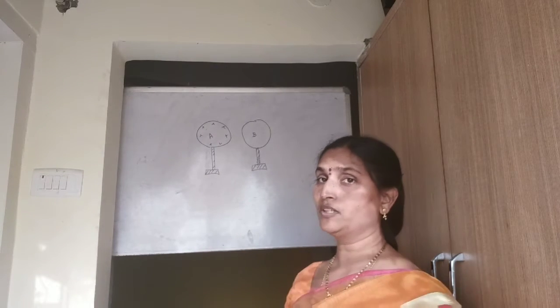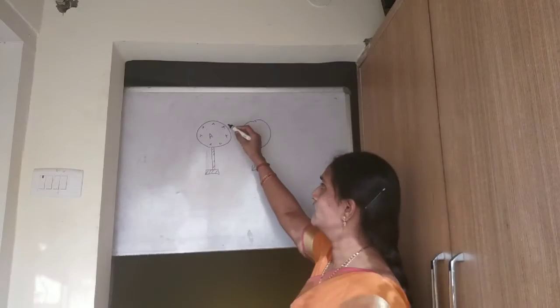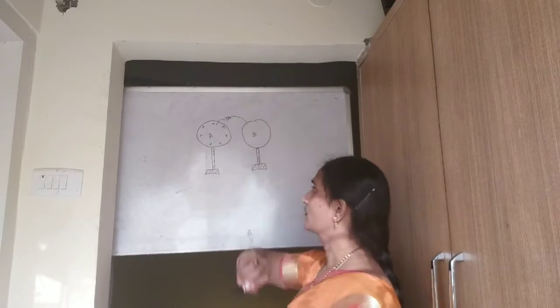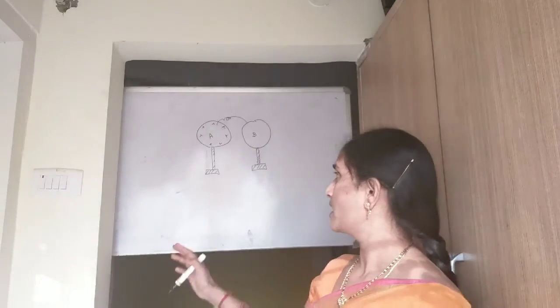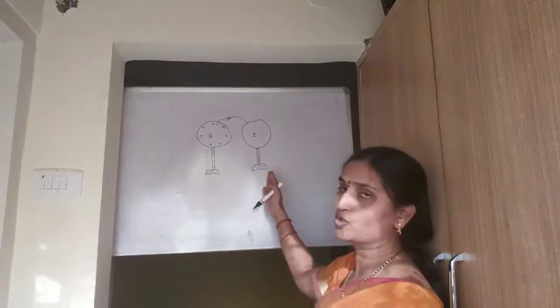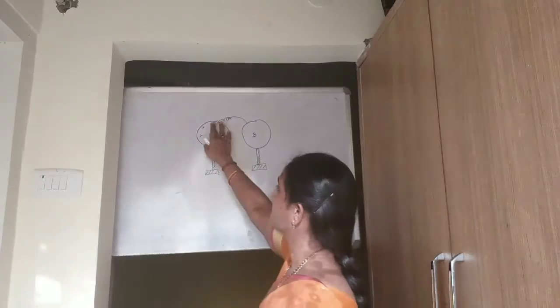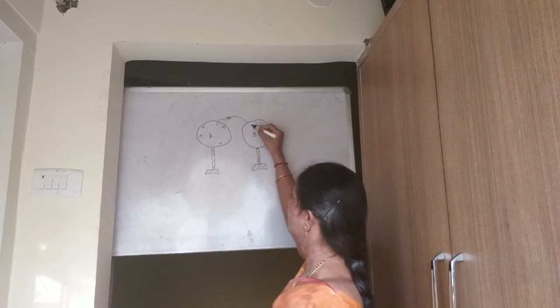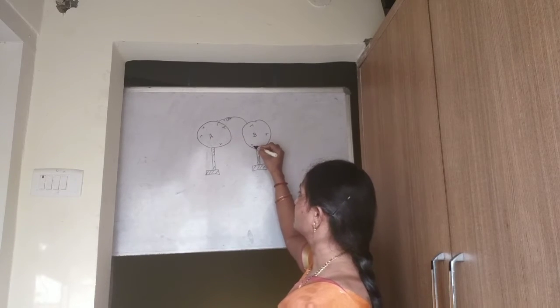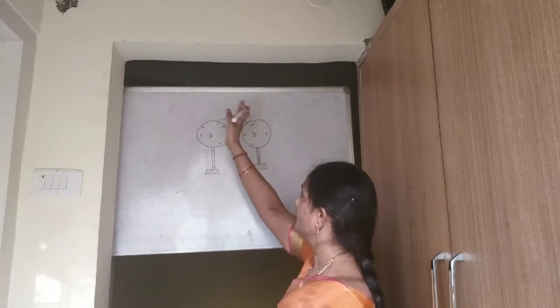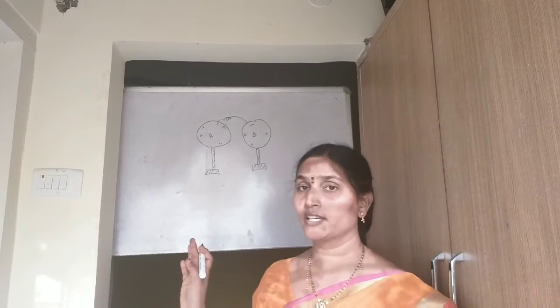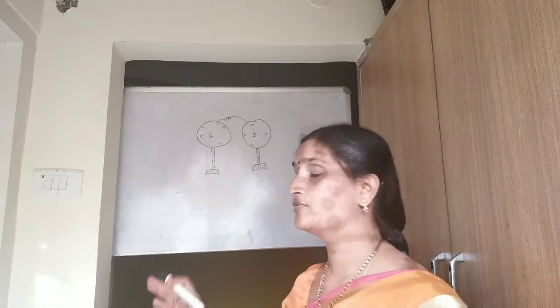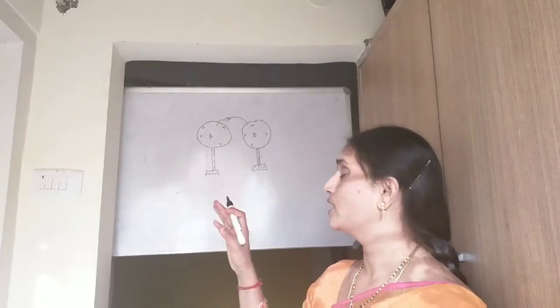Now if you bring them in contact with each other, that means connect them with a metal wire, then you will observe that charge will be transferred from A to B. So A loses some of its positive charge and B gains positive charge.